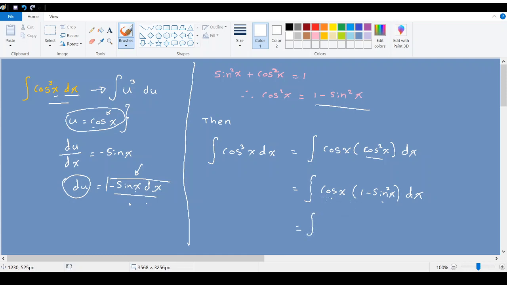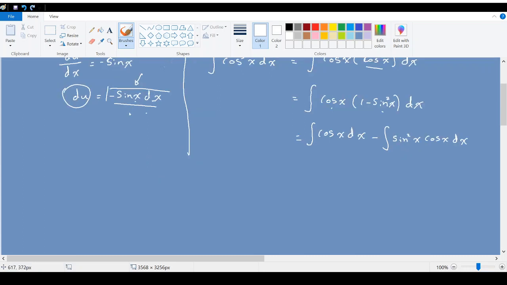Right. So here we can distribute the integral and write two integrals across this addition. Then it becomes cos x dx minus sine squared x cos x dx. Now we know the answer for the first part. The integral of cosine x dx is a standard integral which is equal to sine x.